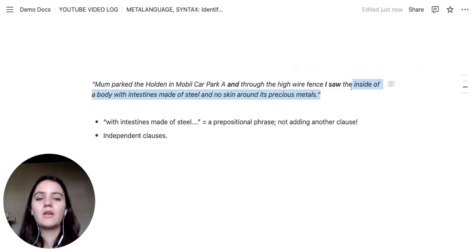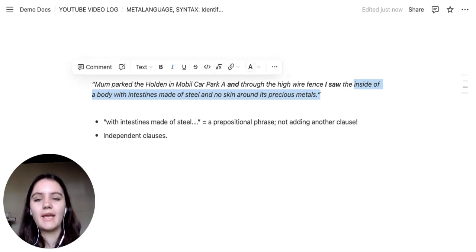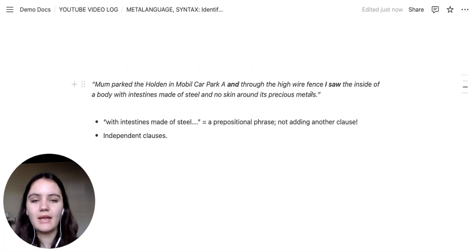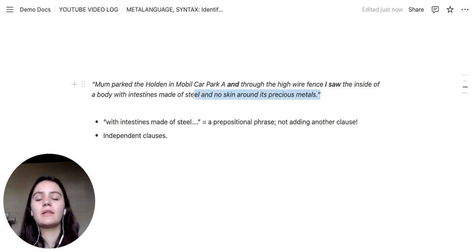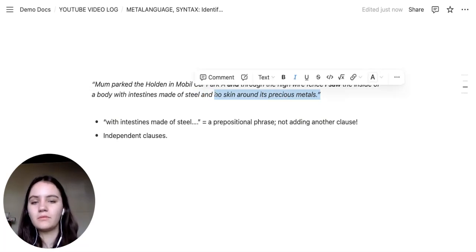Now, this is an incredibly long bit of words, but it is not another clause. You can see here that when we have this "and," it is merely linking together just another adverbial, adjectival phrase, right? It's just describing this object, this body again.